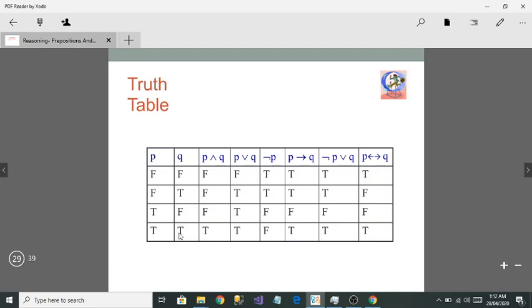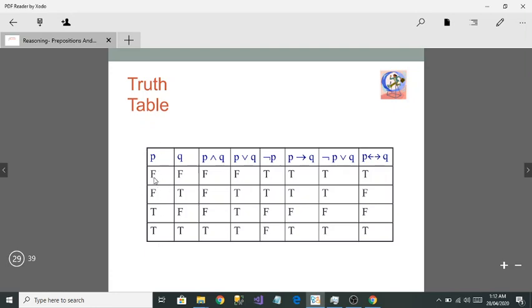And what is OR? If one is true, then it will be true. If both are false, then it will be false as well. Okay, so both are false, so it is false, but in this equation, as you can see, true values are there, so it is true. When we talk about negation P, it is the inverse of P.